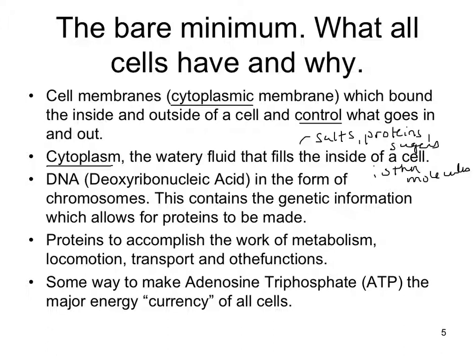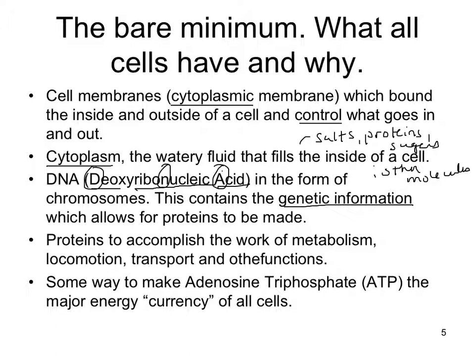All cells also have chromosomes, and the chromosomes are made out of what is called DNA, or deoxyribonucleic acid, DNA. Okay? This is a really important molecule, and it's important because it contains what we refer to as the genetic information, or the blueprints, that allow proteins to be made.